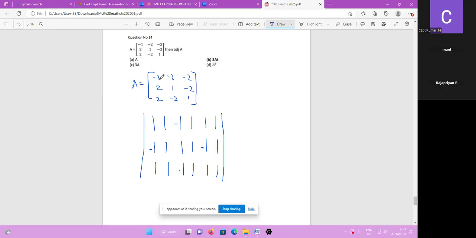Now, for the first column, remove these two: 1, minus 2, minus 2, 1. For the second, remove this: 2, minus 2, 2, 1. For the third, remove this: 2, 1, 2, minus 2.